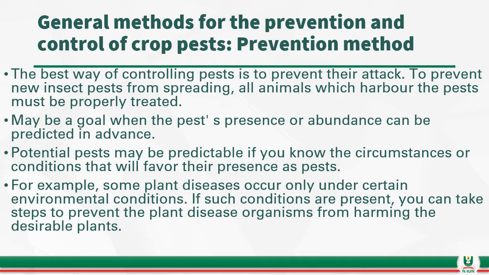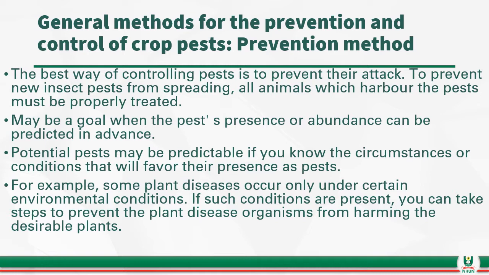So to prevent new pests from spreading, all animals which harbor these insects must be treated properly. It's important to note that these animals are the vectors of these diseases and pests. So if they are around, they must be treated so that they will not be carrying these pests from one place to another.